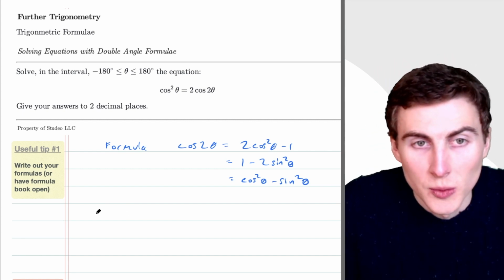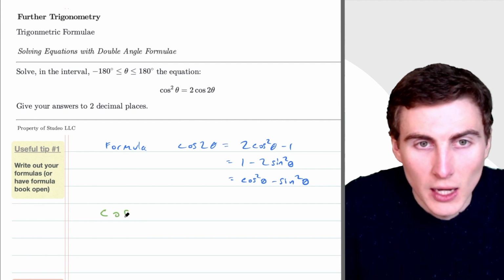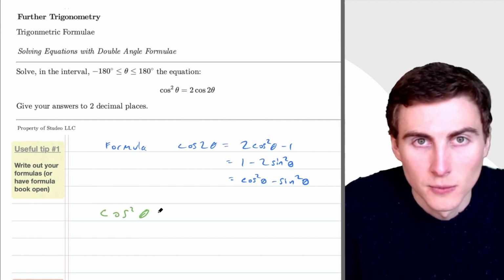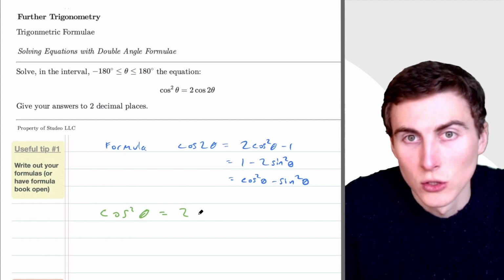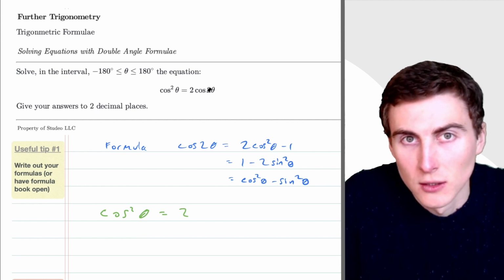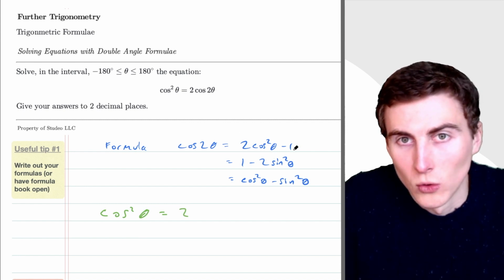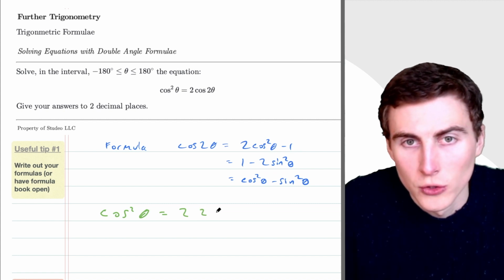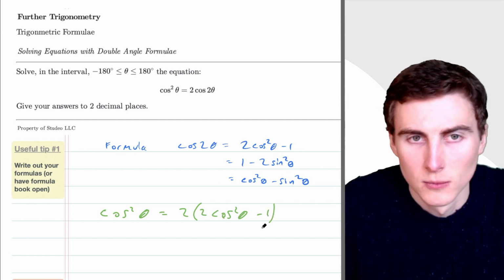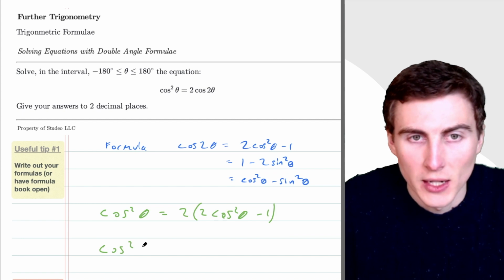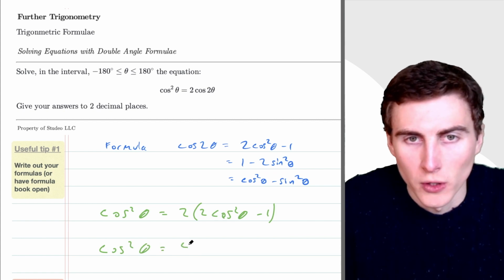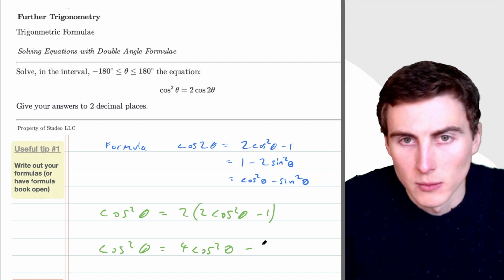So, to put that into practice, we can write our cos squared theta on the left equals two sets, and then instead of this bit here, we're going to write all of this. So two sets of 2 cos squared theta minus 1. Then we can expand that. So here we're going to have 4 cos squared theta minus 2.